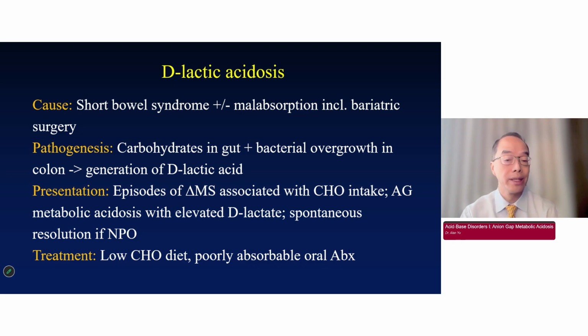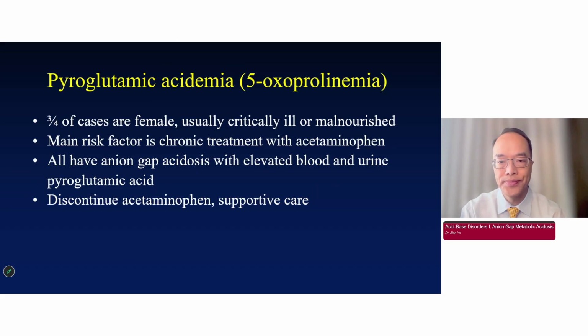Once you suspect this, you can diagnose it by measuring blood or actually urine D-lactic acid. The important thing is if you just send a regular lactate, that measures L-lactate and not D-lactate, and so you would not make the diagnosis unless you send the specific test. Once you make the diagnosis, you can treat the patient in various ways with a low carbohydrate diet or sometimes with poorly absorbable oral antibiotics.